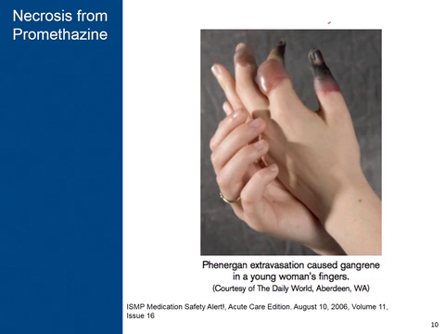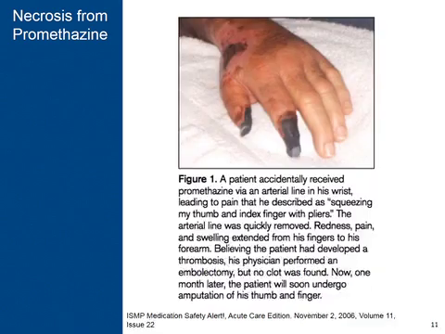So this patient probably is going to have an amputation. This is bad. This is a young woman whose hands were perfectly fine, received Phenergan, or promethazine is the generic name, through a small vessel of the hand and had that extravasation, which is hideous.